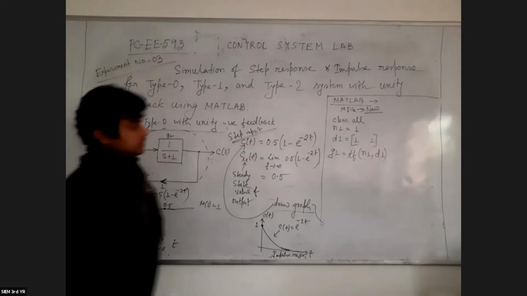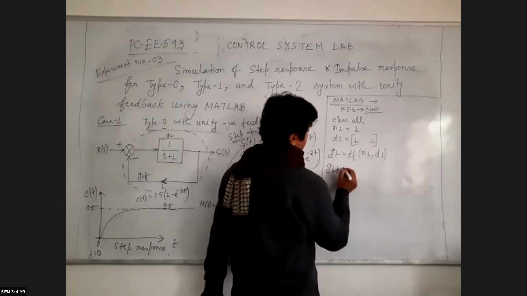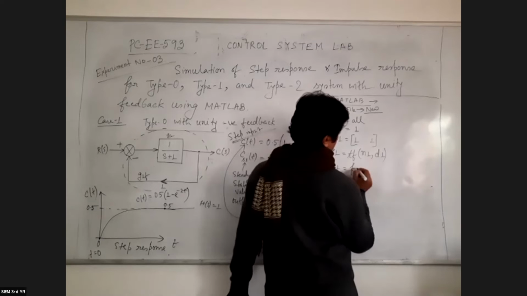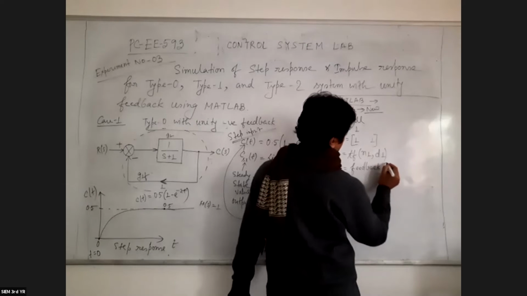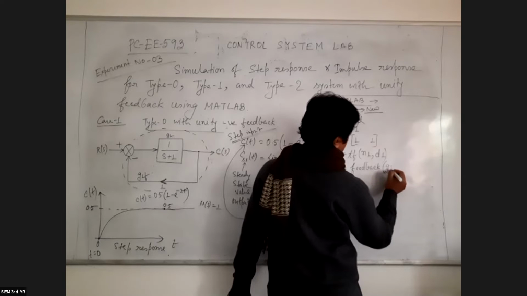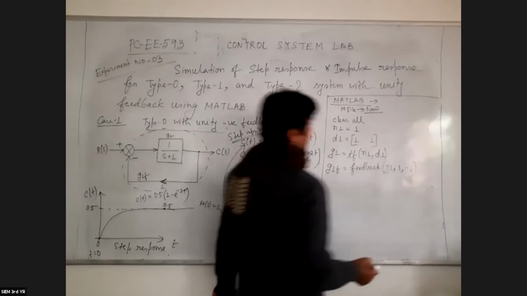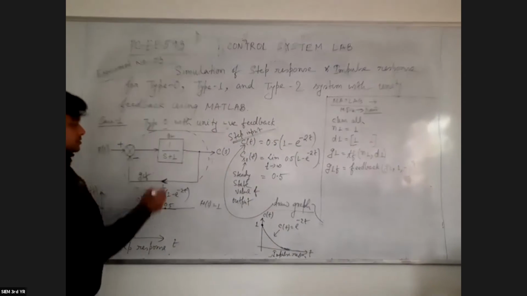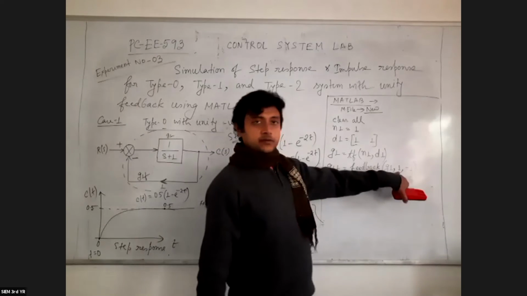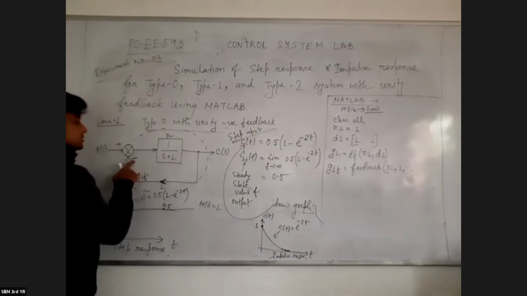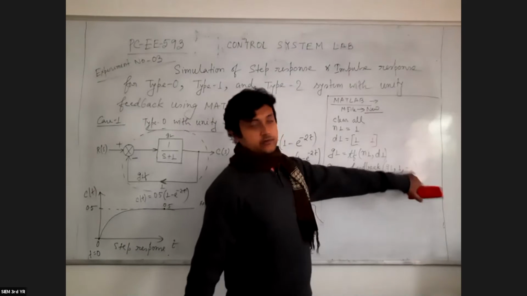So g1f will be equal to feedback g1 comma 1 comma minus 1. Why? Because this is a unity feedback, so this is 1, and it is negative feedback, so I am using a negative value here.